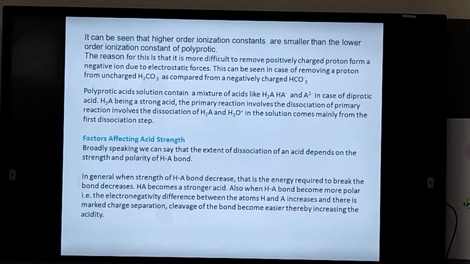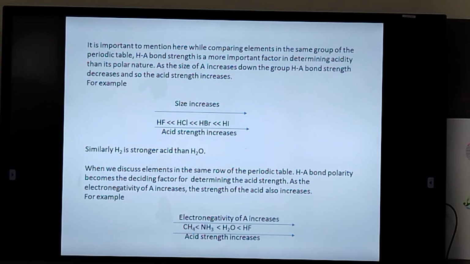Also, when the H-A bond becomes more polar, that is, the electronegativity difference between the atoms H and A increases, there is marked charge separation. Cleavage of the bond becomes easier, thereby increasing the acidity.